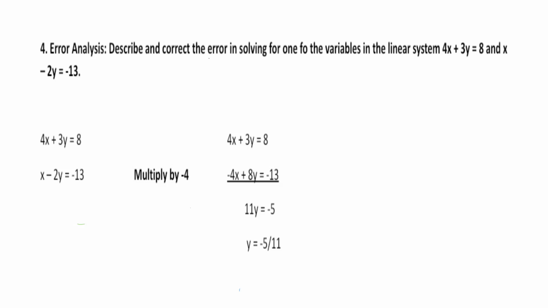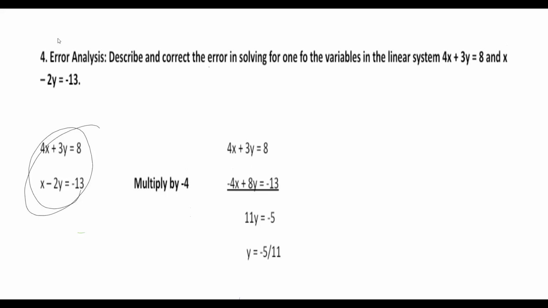Okay. So it looks like they wrote out the system. That's all they did. And now to start solving, I see that they multiplied negative 4 to the second equation. But oops. I see that they multiply negative 4 to the first term.